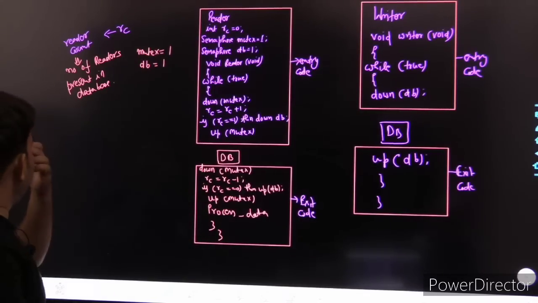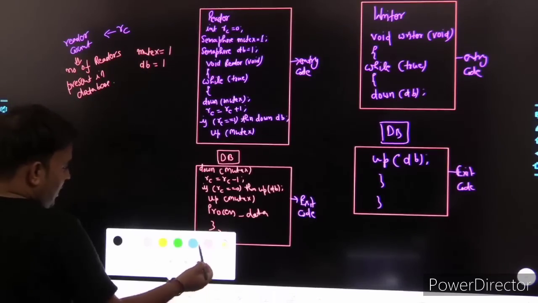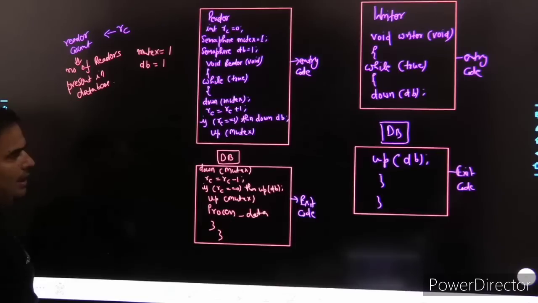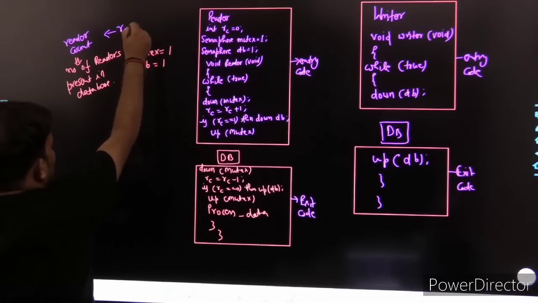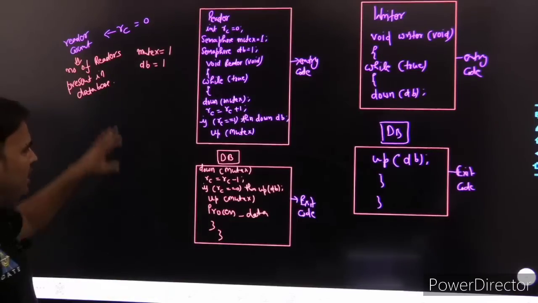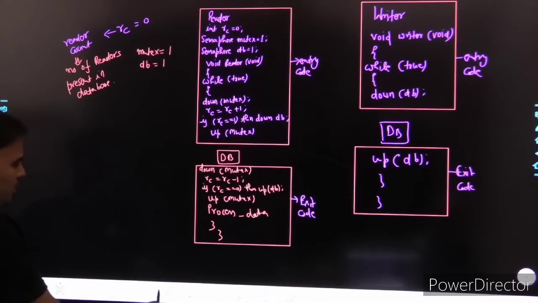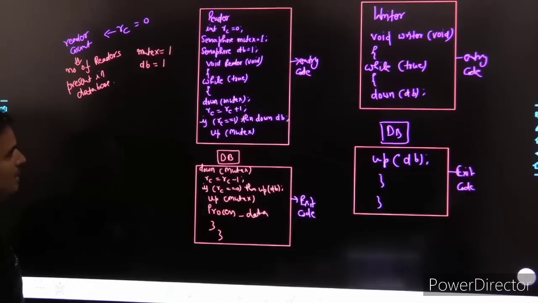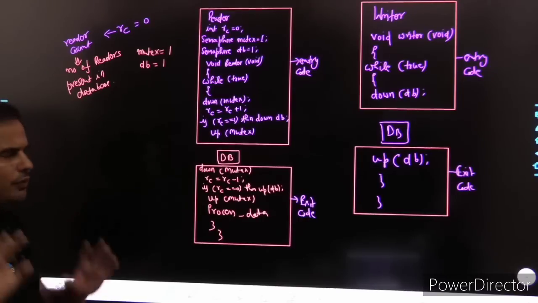Initially, when no reader or writer is present inside the database, we put the RC value equal to 0, which means no reader is present inside the database.